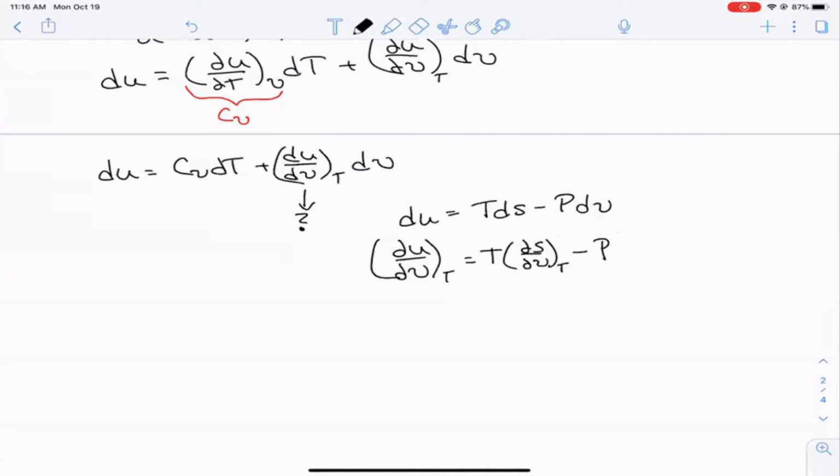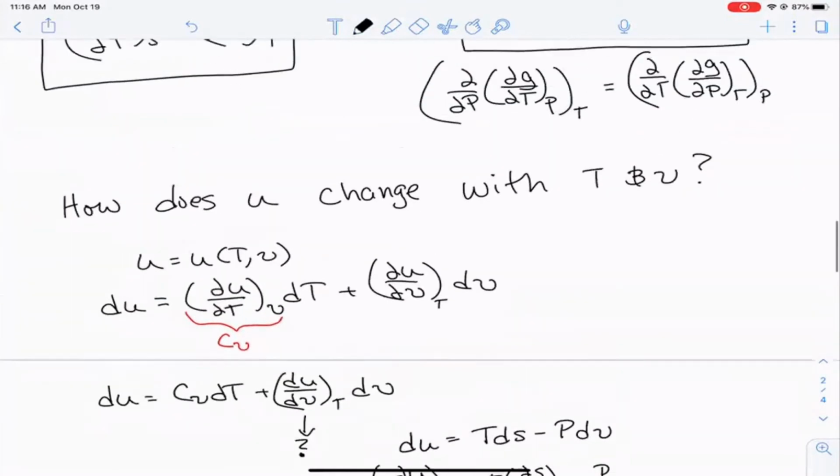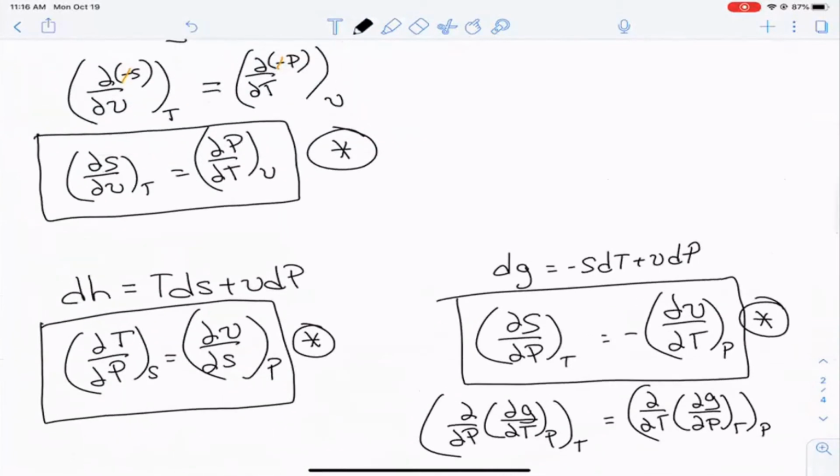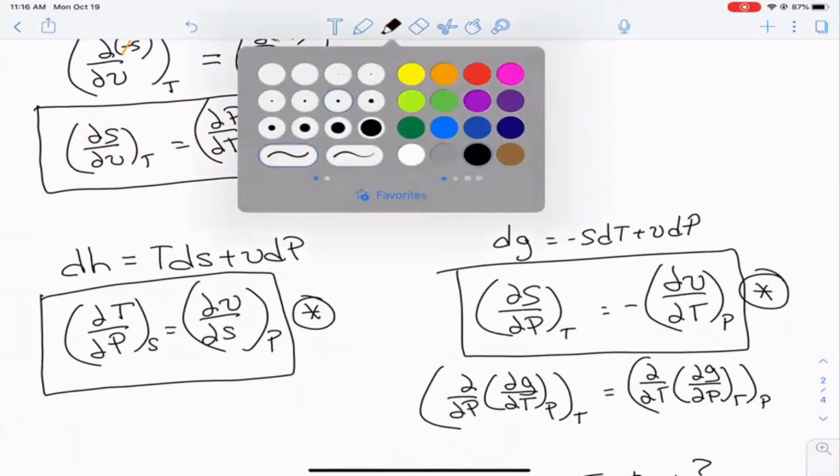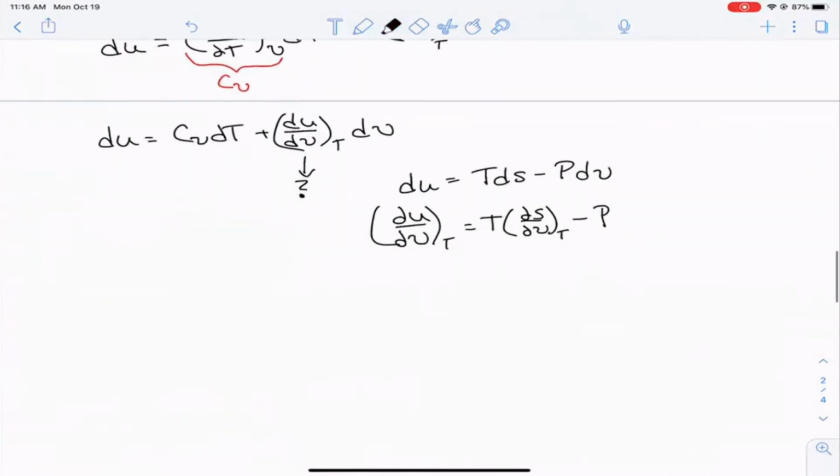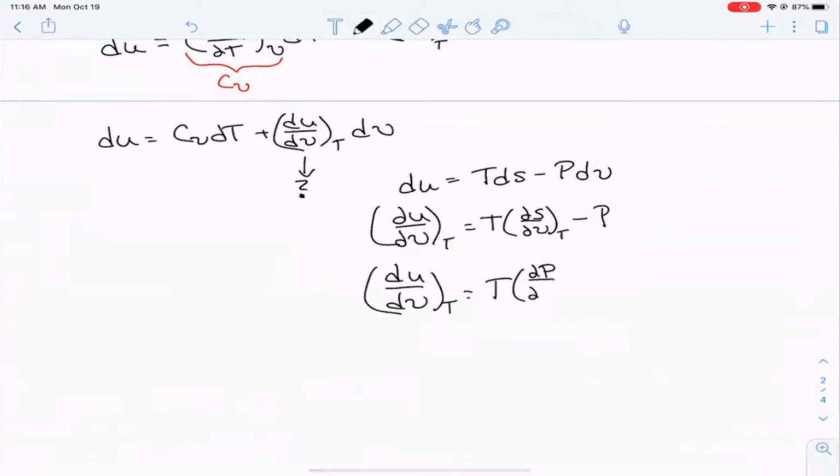Well, this is why we derived the Maxwell relations. So (dS/dV) at constant T is right here. We actually derived that it is equal to (dP/dT) at constant V. So we can insert that here. And then (dU/dV) at constant T equals T times (dP/dT) at constant V, that's the Maxwell relation, minus P. And so now we have an expression for dU.